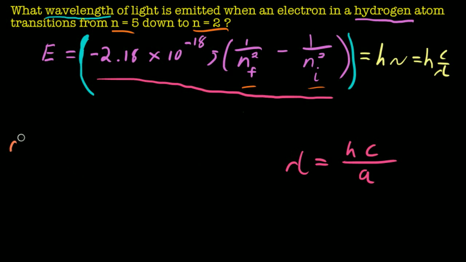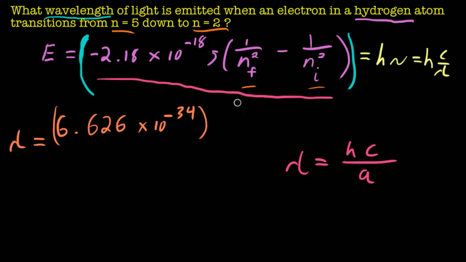So lambda, which is what we're looking for, is going to be equal to Planck's constant h, which remember is 6.626 times 10 to the minus 34. I'm going to leave the units off for right now. Times the speed of light c, so times 3.00 times 10 to the 8th.